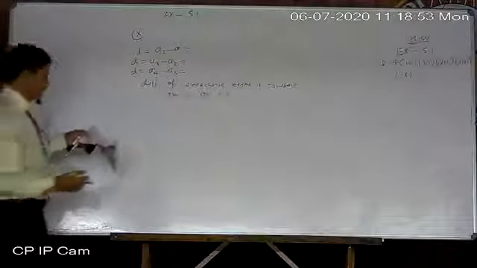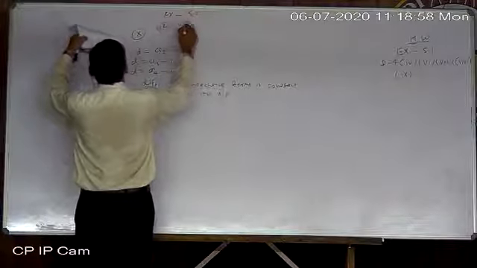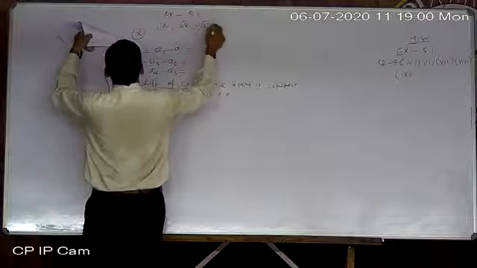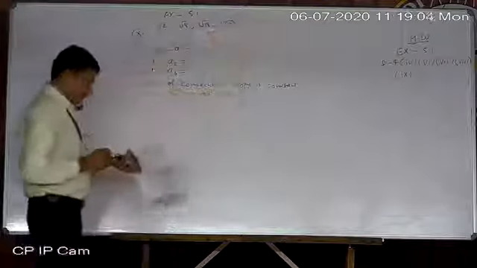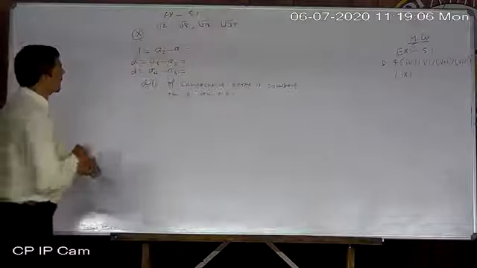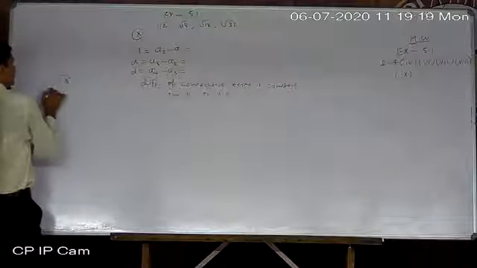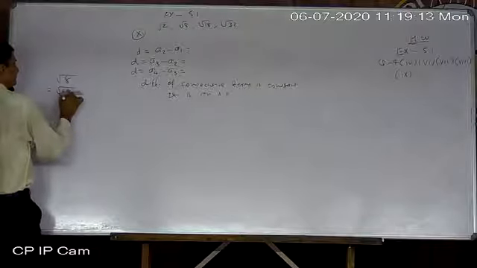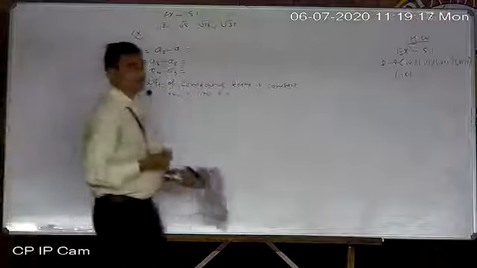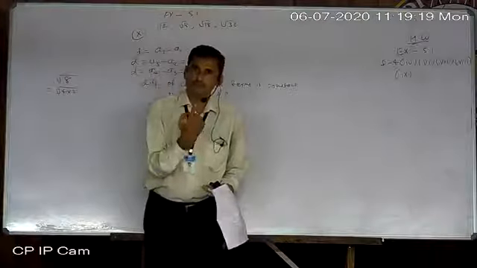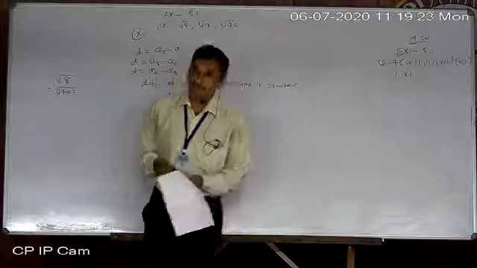What is given there? Root 2, root 8, root 18, root 32, like this. Now actually, this is root 8. I can say instead of root 8, root of 4 times 2. What I am doing is factorizing the given number so that I get a perfect square number in it.